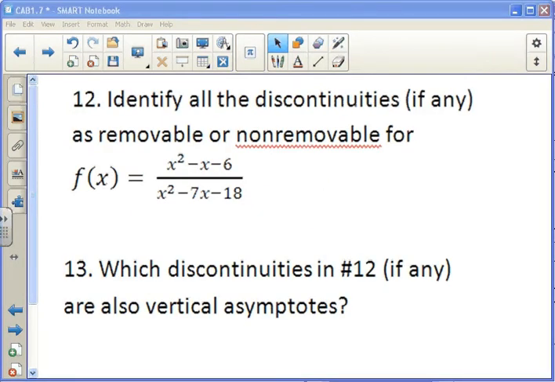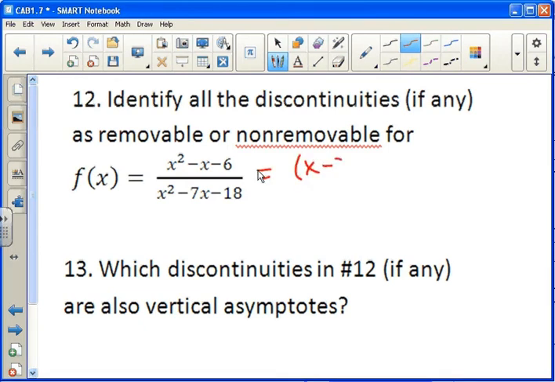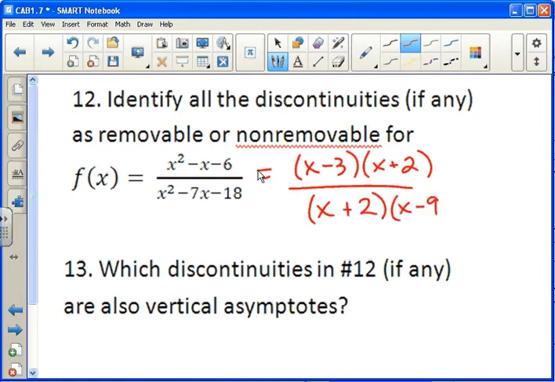Question number 12. Identify all the discontinuities, if any, as removable or non-removable for this function. Let's go ahead and factor it out. We're going to get x minus 3 times x plus 2 over x plus 2 times x minus 9. So we're going to have two discontinuities.